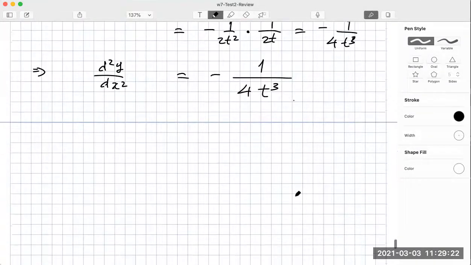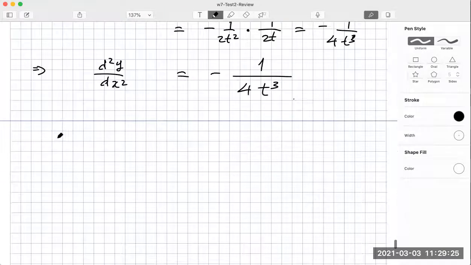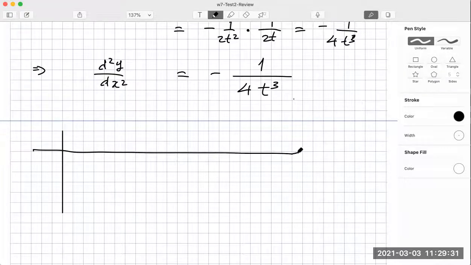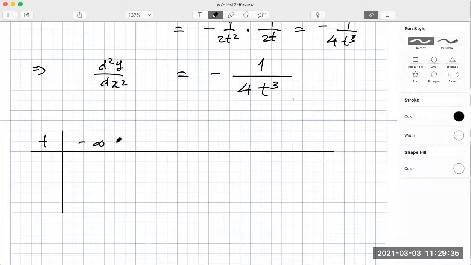Okay, we see that. Let us take a table how this second derivative behave when t change. T would take the value from negative infinity to infinity, right? And here the solution of the numerator is 0.